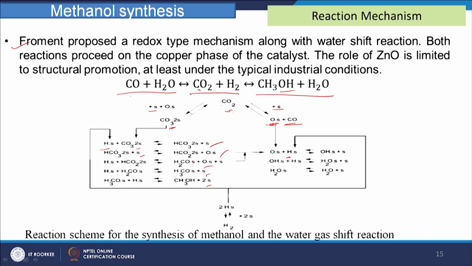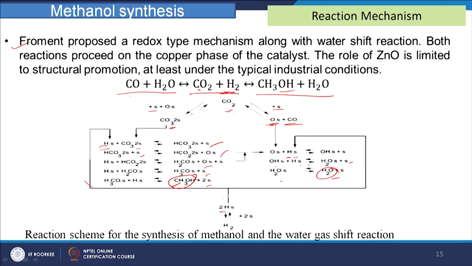So, that can give us this one. Similarly, this one. So, ultimately we are getting H2O, and we are ultimately getting CH3OH. Here hydrogen is added, CO2 and hydrogen, and this hydrogen is converted to 2 HS. So, this is the source for HS. This is the scheme through which the methanol and water are formed.